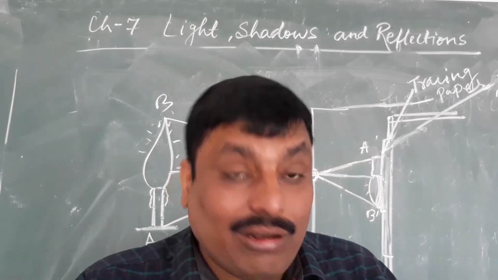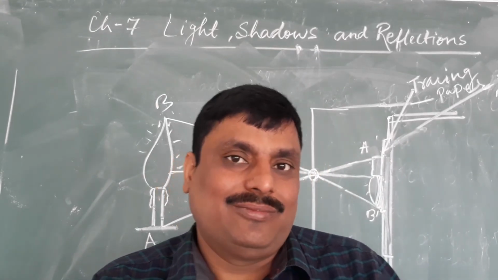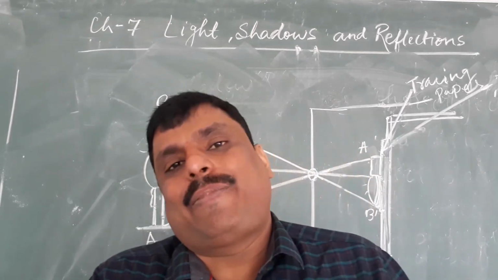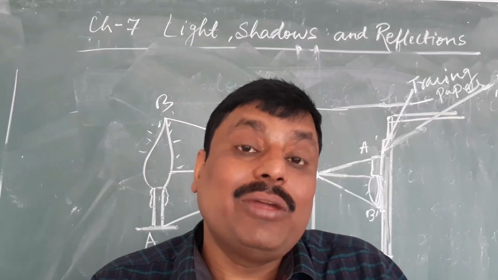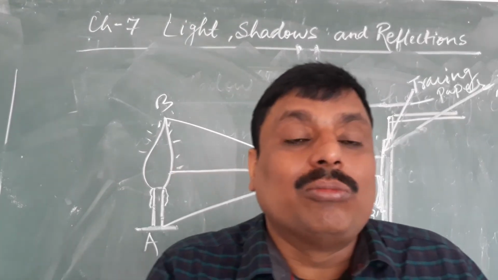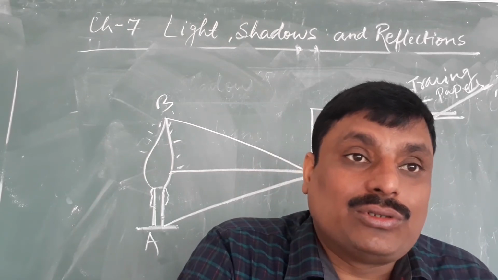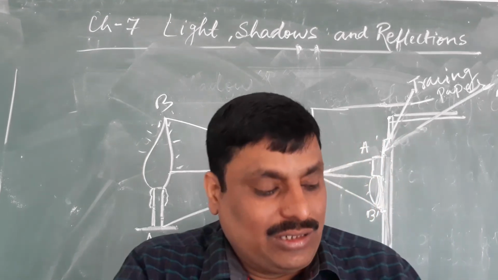Next, color also. The color of a shadow is always black, but the image may be brown, black or grey. This is the main difference. You must learn all these points to write the difference between image and shadow.